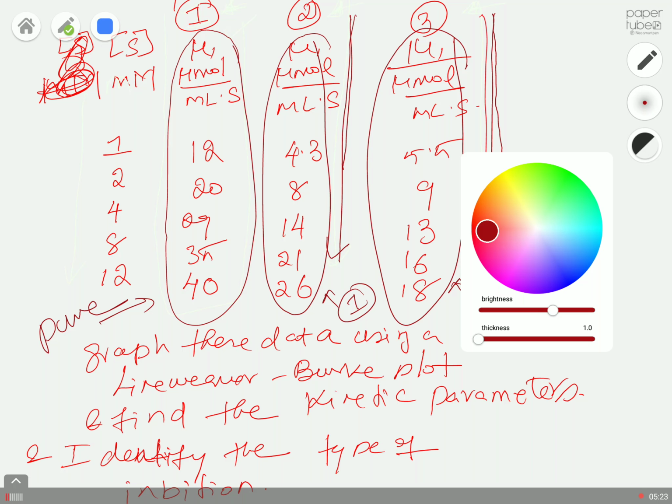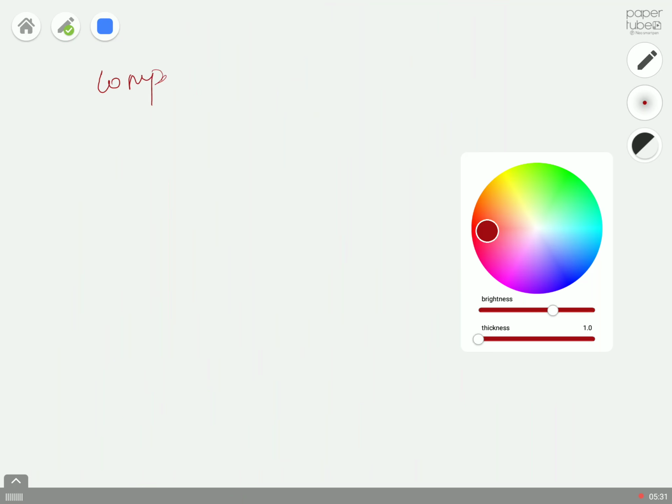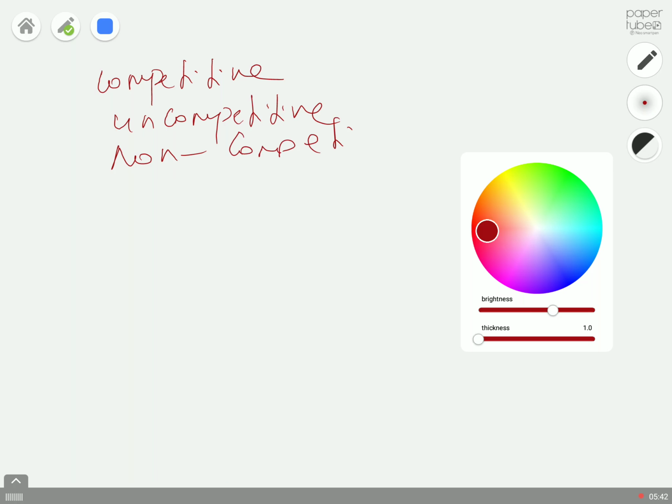You all remember I already showed we have three different types of inhibitors: competitive, uncompetitive, non-competitive.